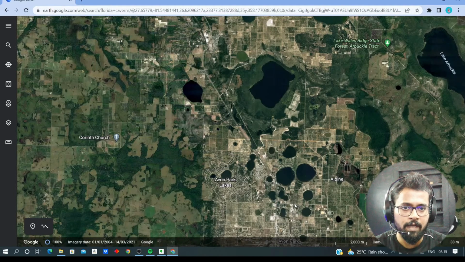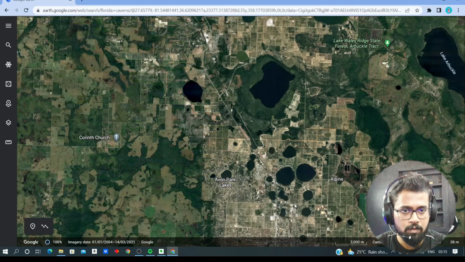Okay, sinkholes are actually depressions formed because of chemical weathering, right? Chemical weathering and deposition and erosion and deposition of limestones and dolomites, right?